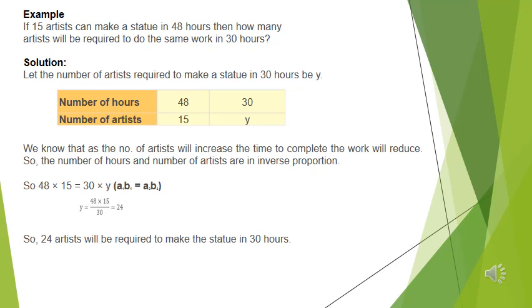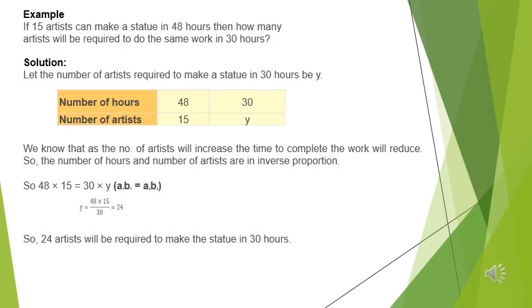Students, this is another solved example. The question is: if 15 artists can make a statue in 48 hours, then how many artists will be required to do the same work in 30 hours? After reading this question, we easily observe that when we have more workers, we can do any work in less time.